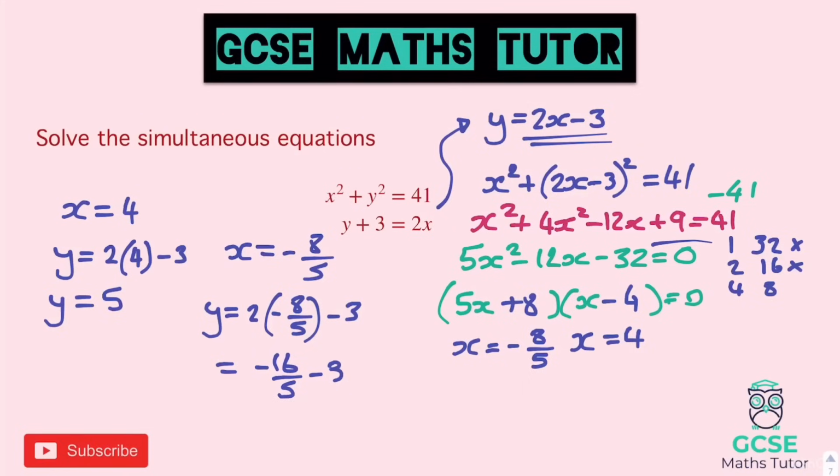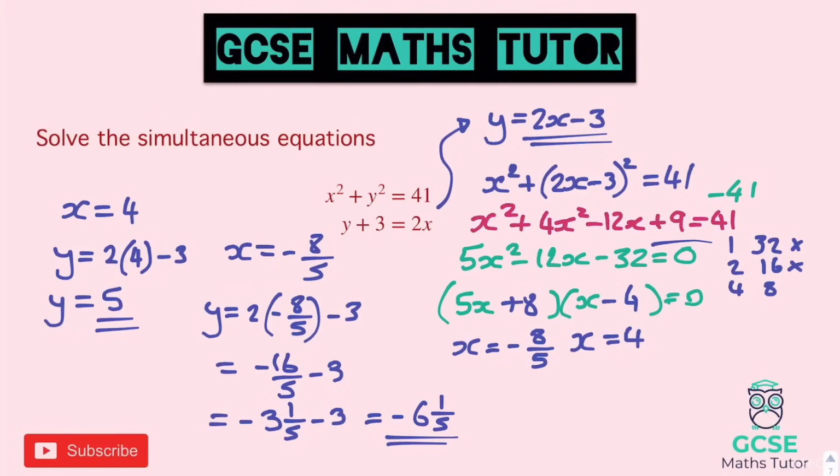And again, let's write that as a mixed number and then we can take away 3. So 5 goes into 16 3 times, so it would be negative 3 and 1/5. And we're going to take away 3, and negative 3 and 1/5, take away 3 equals negative 6 and 1/5. There we go, not very nice there, negative 6 and 1/5.